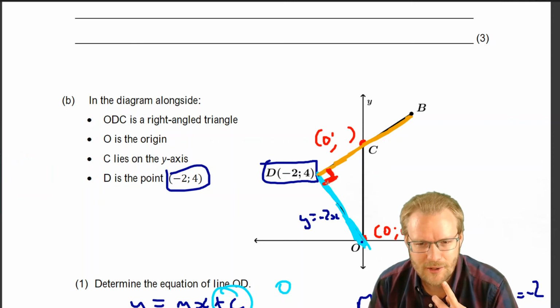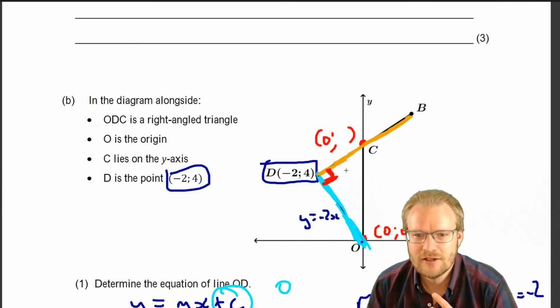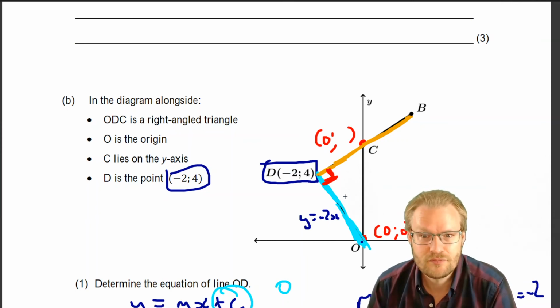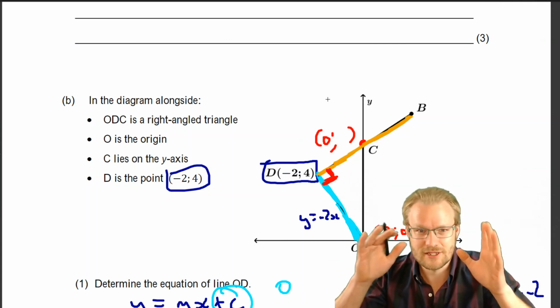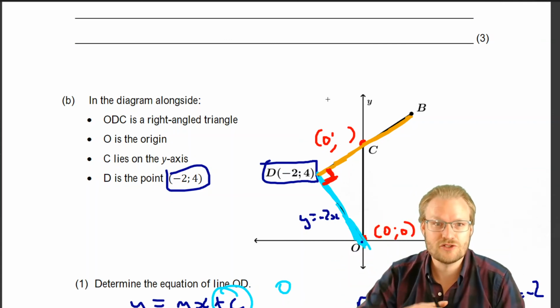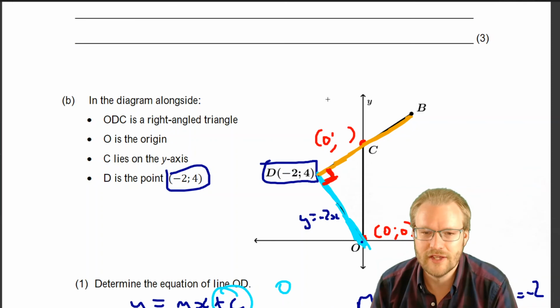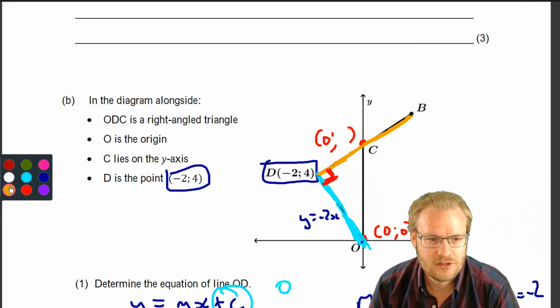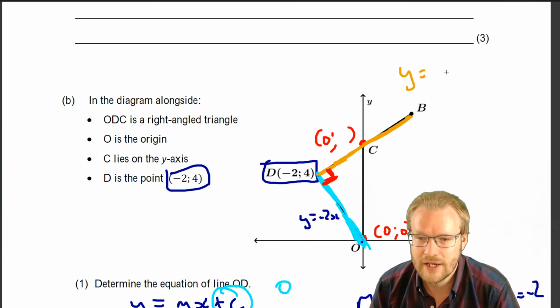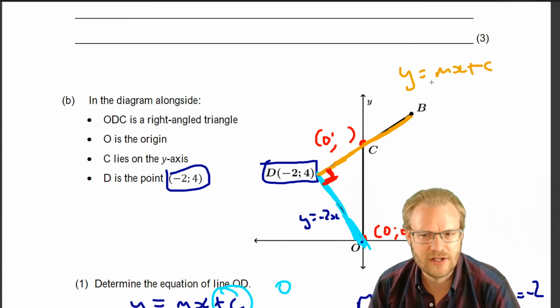What do we know about the gradients of perpendicular lines? Well, kind of in two ways. Either times each other you get minus 1, or the one is just the negative reciprocal of the other. So this was y equals minus 2x. So this one here we know is y equals mx plus c. We don't know what c is, we'll have to figure that out.